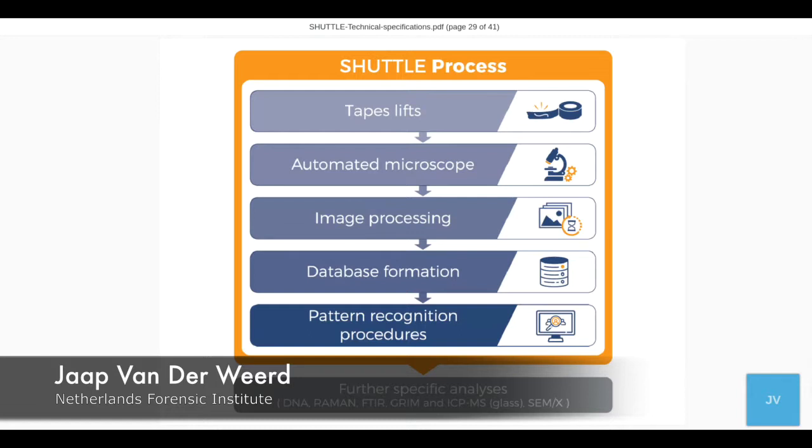And we might choose to combine the last two tools and say we need the database, but not only the database, also queries or ways to search through those databases to represent the data stored in the database in a way that's useful for the forensic laboratories. So these are the tools in the Shuttle toolkit.